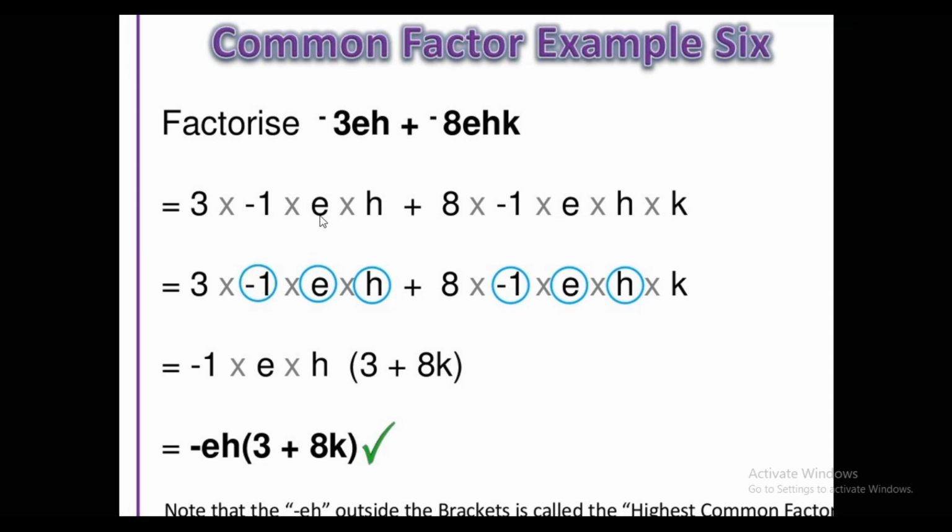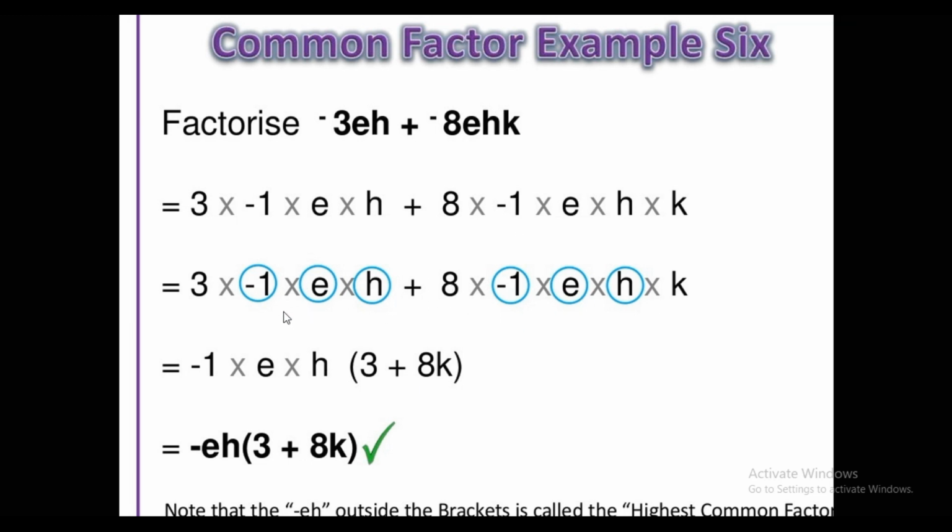E. Is there any E? Yes, there is E also here. So this is also a twin. The E has a twin brother here. Okay. H. Is there any twin brother of H? Yes, but okay, he has no twin brother. He's trying a lot. Okay.